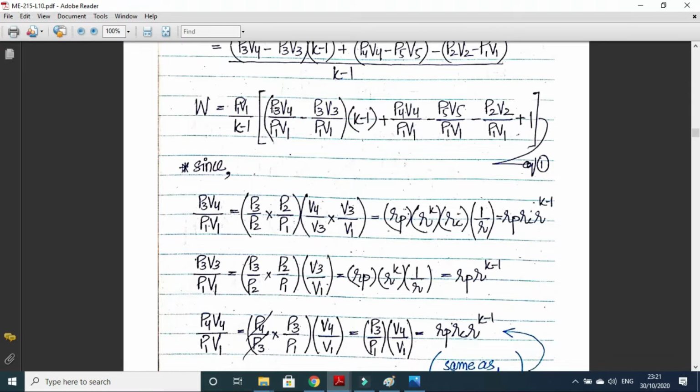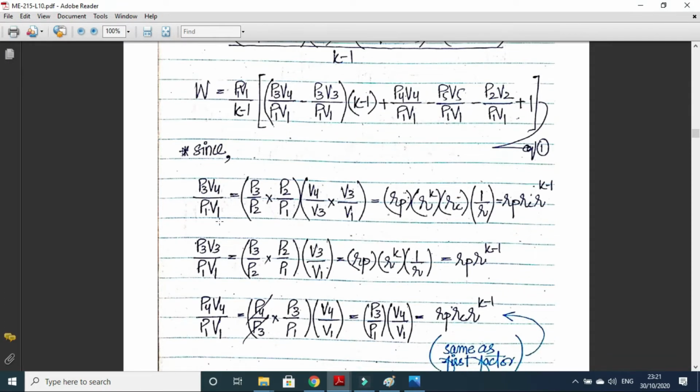Let's start with P3 V4 upon P1 V1. P3 upon P1 times V4 upon V1 can be written as P3 divided by P2 multiplied by P2 upon P1, so we have multiplied and divided by P2, and V4 upon V3 multiplied by V3 upon V1, so we have multiplied and divided by V3.